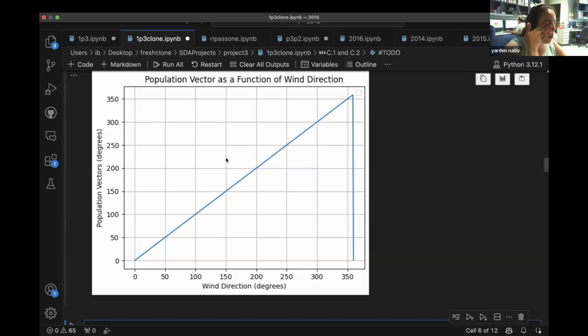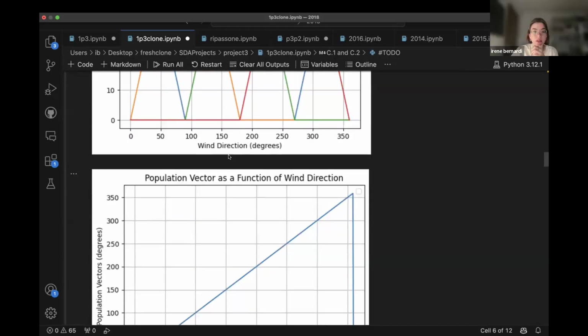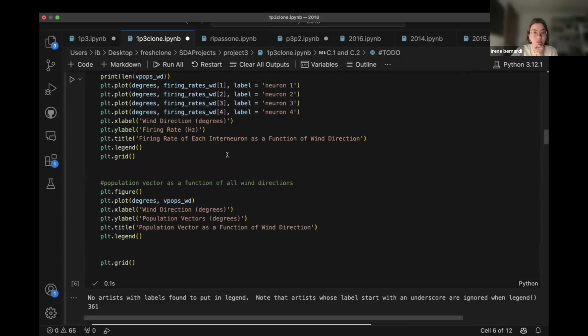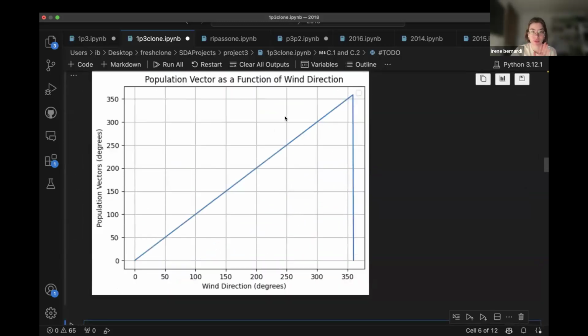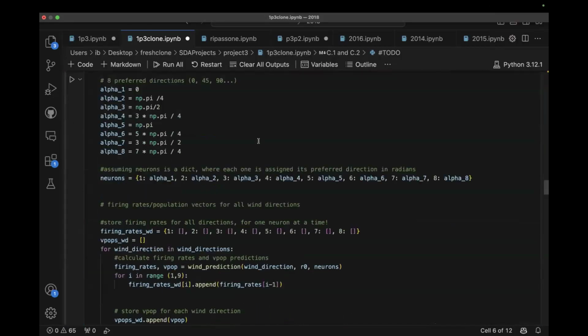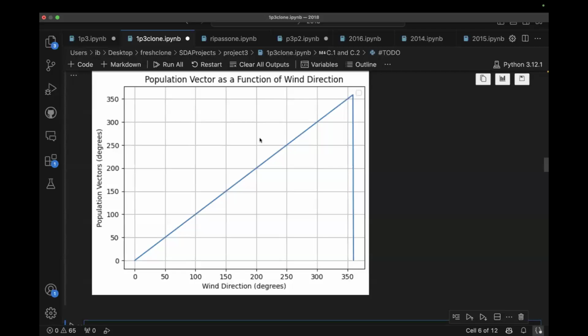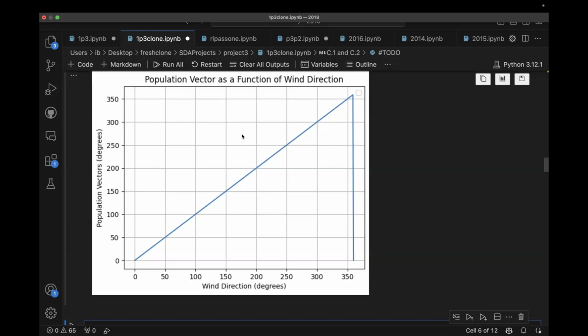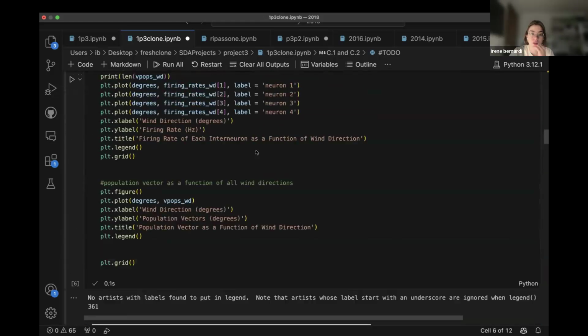But I think I am okay. The plot isn't supposed to look like this though. There should be a range where the population vector is not good. But I think that with sine and cosine, it gives you 0 or 1. So yeah, that's why.